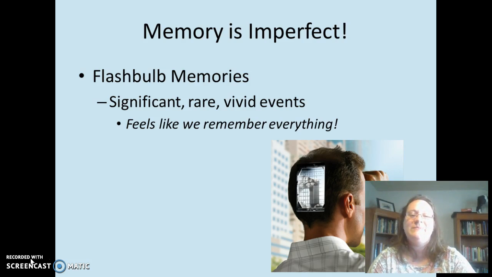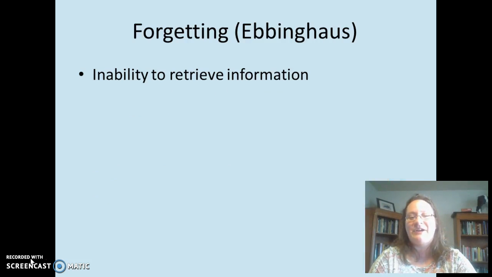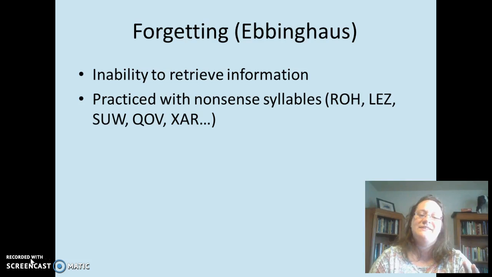A really, really important part of this unit is to understand that memory is not perfect. We do have these things called flashbulb memories where we feel like we can remember everything. For some people, this might have been something like 9/11. But we know these memories decay like normal. They're not really more accurate. Ebbinghaus showed us that we forget information. Forgetting is the inability to retrieve it.